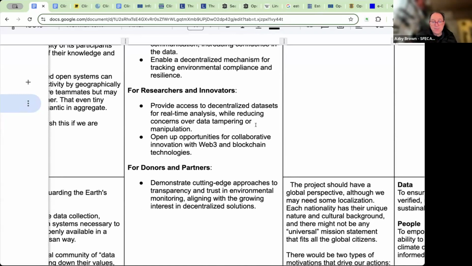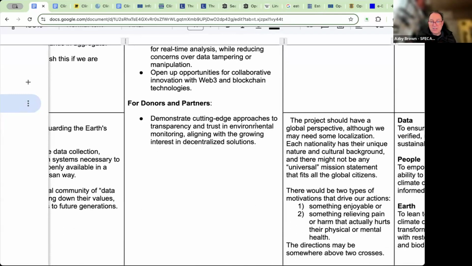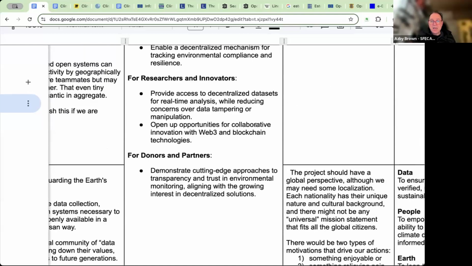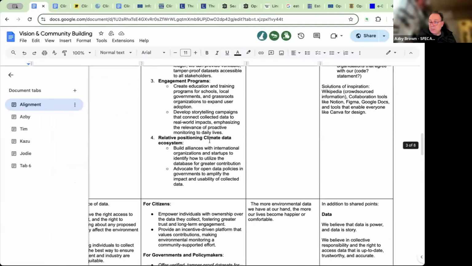For donors and partners, demonstrate cutting-edge approaches to transparency and trust in environmental monitoring, aligning with the growing interest in decentralized solutions. And that's, I think, all that Tim wrote, but it's all really good stuff.